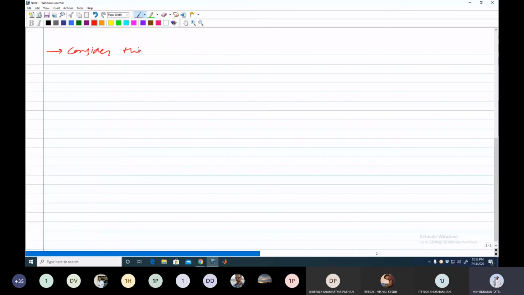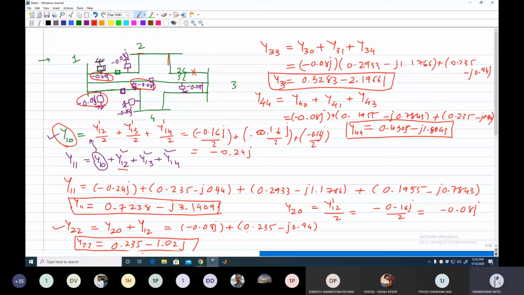Next we have to consider that line 2-3 is connected in the network. What happens if line 2-3 is connected?